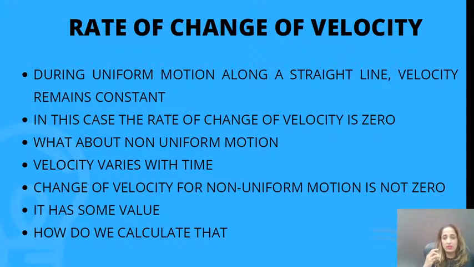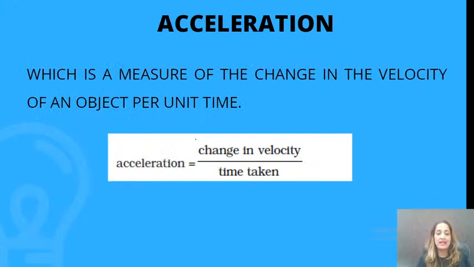Apart from that, we have covered what is speed and what is velocity. But here comes your next important point. What is acceleration, guys? Have you ever heard of this term?